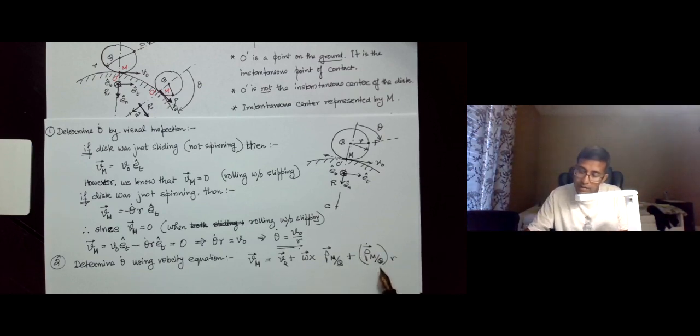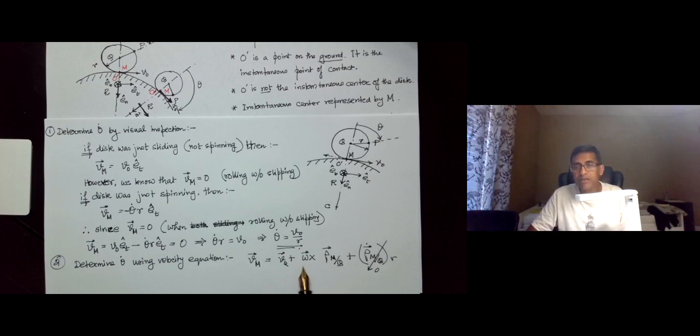Now note that again m and q, m is the instantaneous center and q is the center of the disk. M and q are on the same rigid body, and so this is equal to 0. When we write this equation, we are implicitly saying that our rotating frame is fixed to the disk.